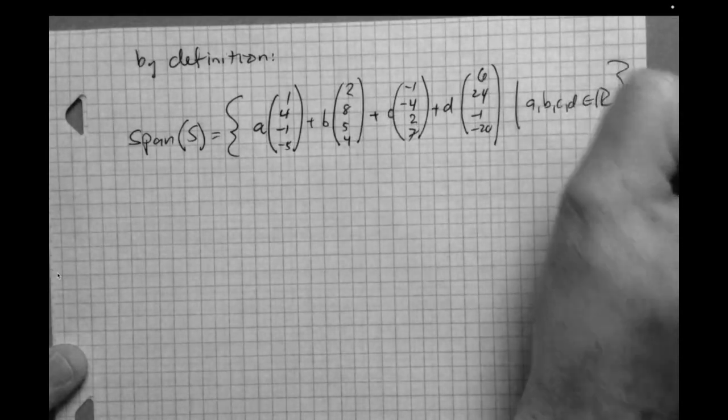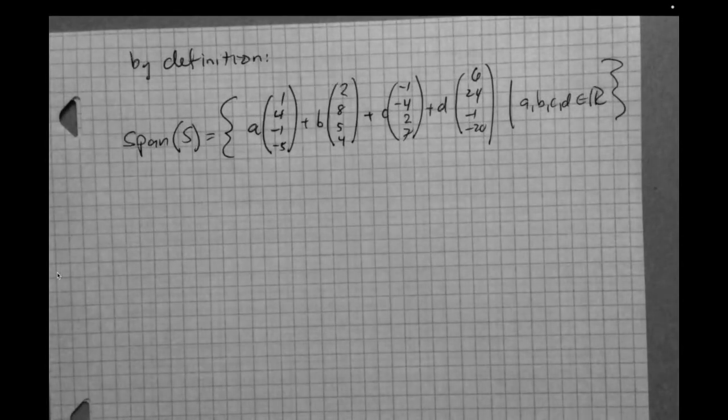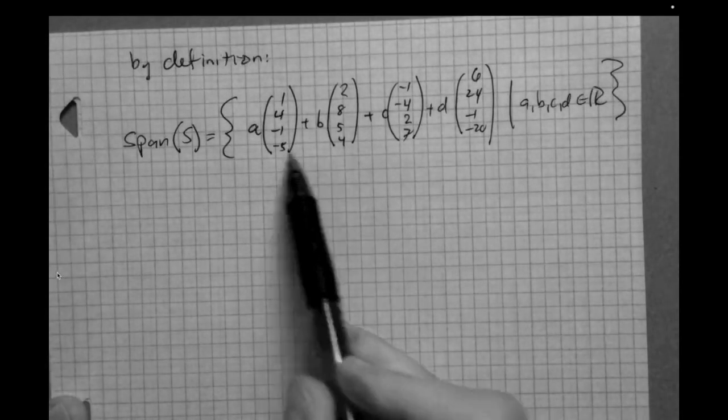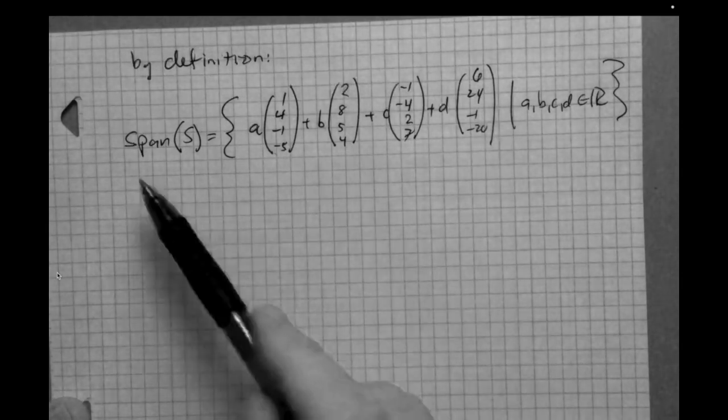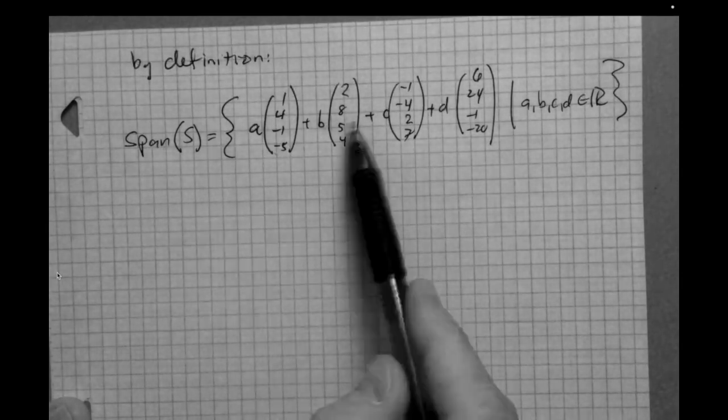Any linear combination of those 4 vectors is a vector inside the span. But is there a simpler way to express the span than this? Do I need 4 vectors to express the same set? I don't know. Let's see.